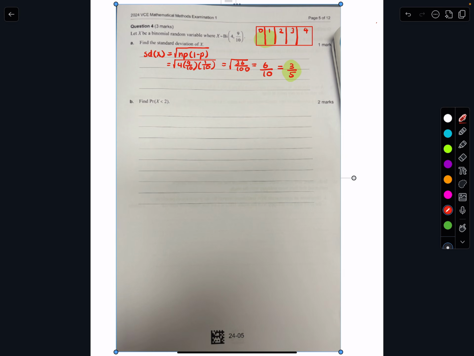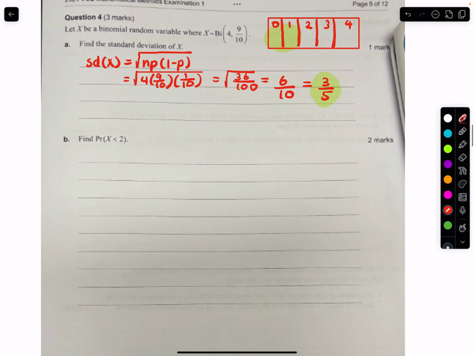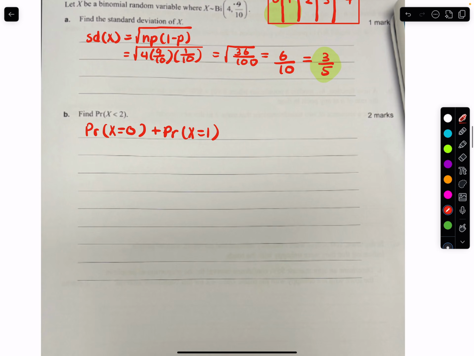Which is basically the probability of x equals 0 and the probability of x equals 1. So we can write that down here: the probability that x equals 0 plus the probability that x equals 1. All right, so what's the probability that x equals 0? Easy, just use your binomial rule.